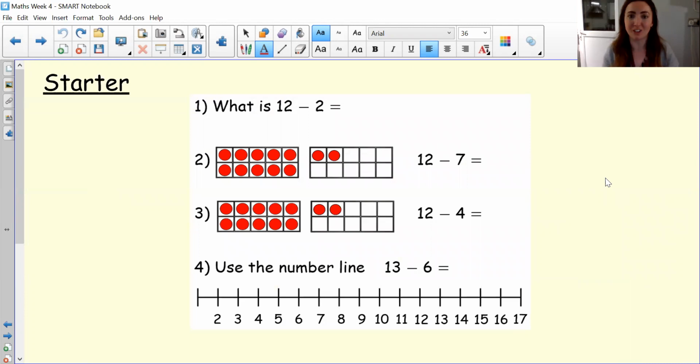Okay, our fast four starter then. Let's get going. Remember to pause between each question if you need to. Number one, what is 12 subtract 2? Number two, and we can use these 10 frames to help us work it out. What is 12 subtract 7?